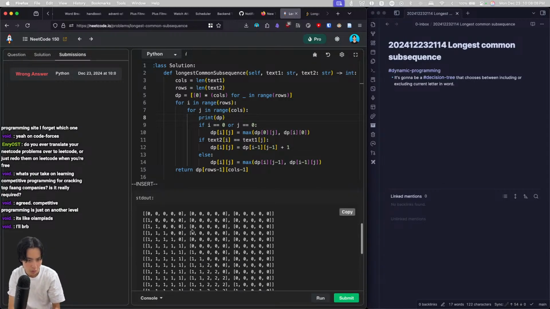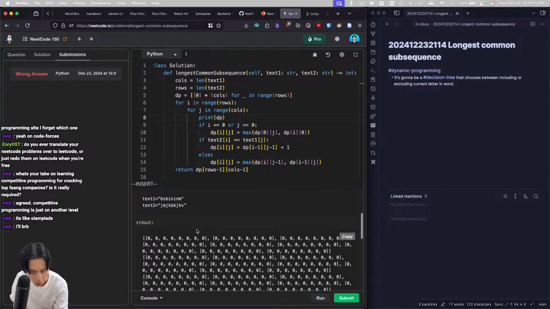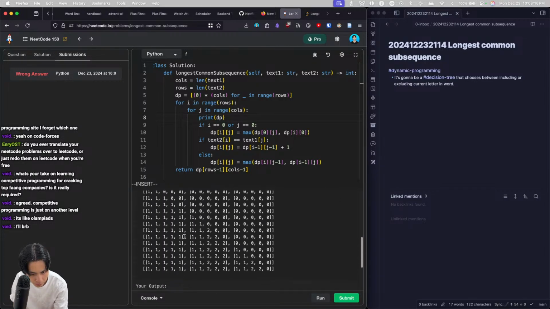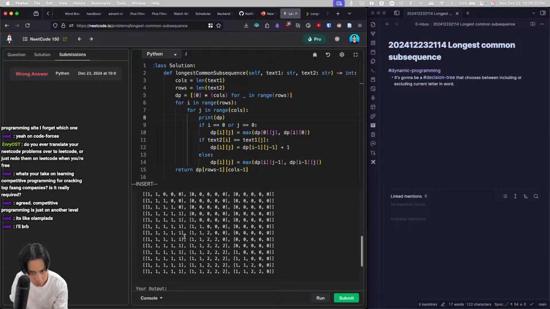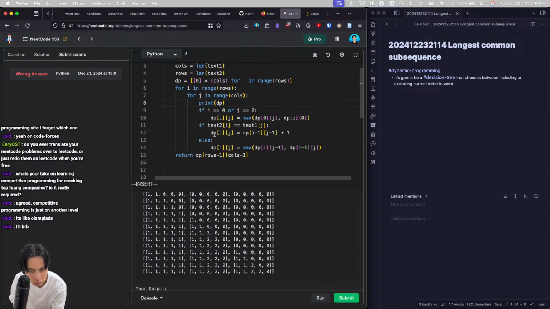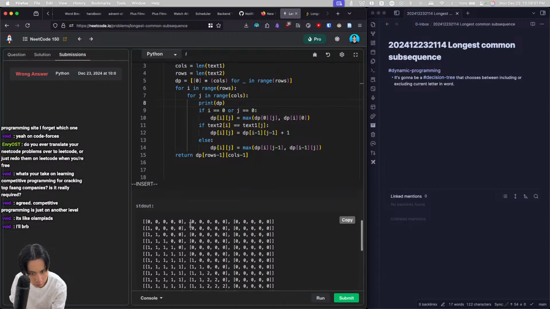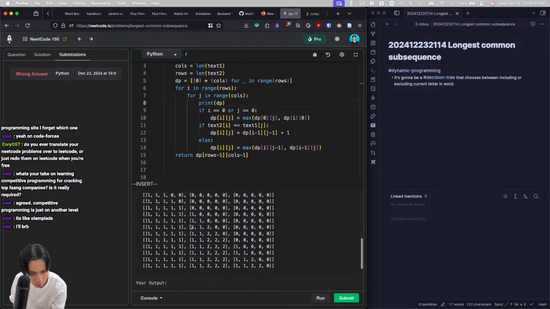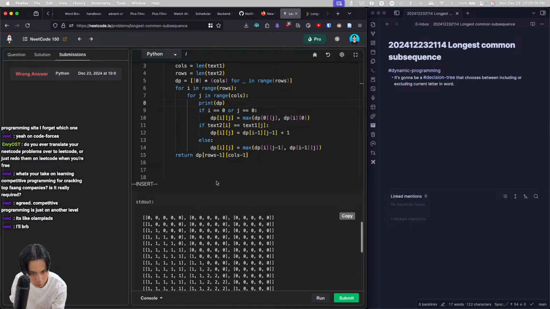So originally, okay, well that's hard to read. Row column. Right.